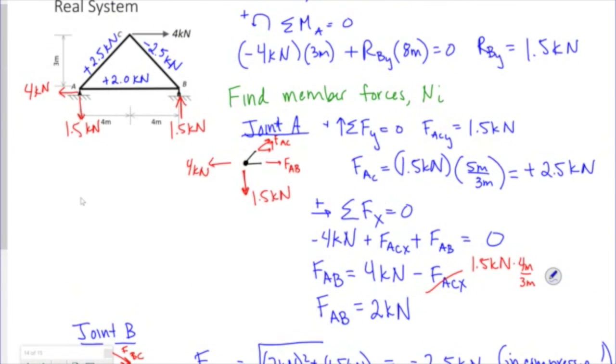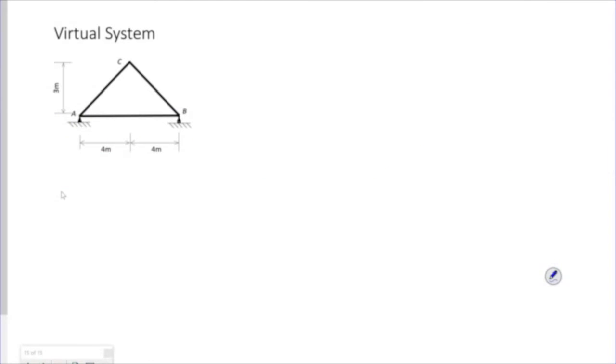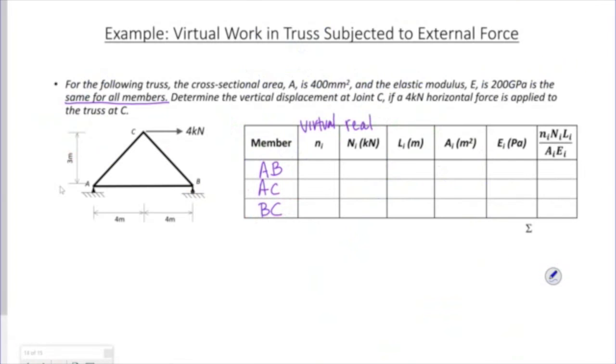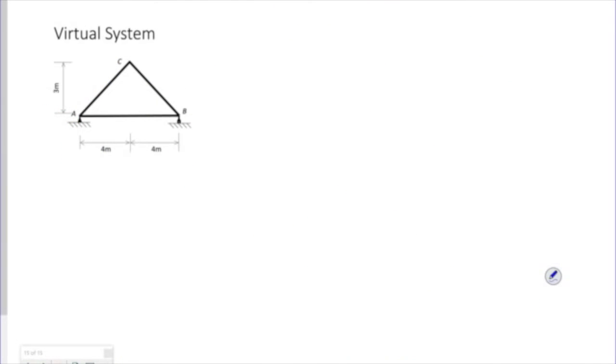So that is solving my real system. Now, here's my virtual system. The goal is to find the vertical displacement at joint C. So at joint C, I'm going to apply a unit load.